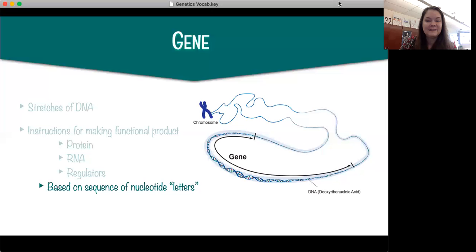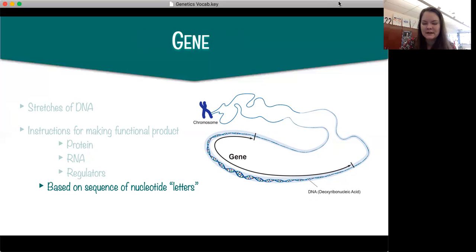And so what makes each gene different is simply the sequence of nucleotide letters. The DNA that you take from any particular part of the entire genome is still just either A's or C's or T's or G's, a whole bunch of different nucleotides strung together. So what makes each one unique is the sequence of those nucleotides.